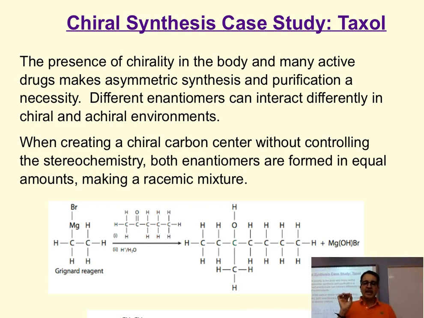Now, a chiral carbon or an asymmetric carbon is one in which a carbon has 4 different substituents in its immediate surrounding. All right? Now, because the body is chiral, the way that it interacts is like hands. There are certain handshakes that make sense, other ones that just do not. All right?